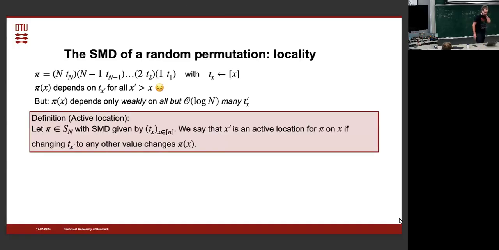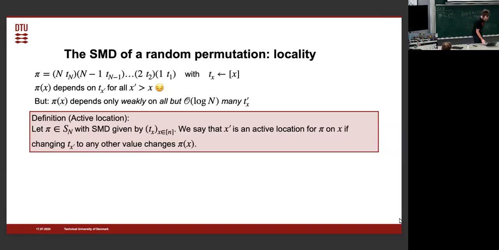We make a definition. For a permutation pi in S_n with a given strictly monotone decomposition, we say that the location x' is active for the computation of pi on x if changing the value t_x' to any other value changes pi of x.